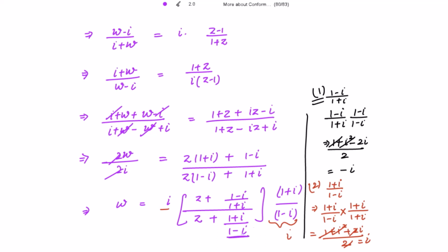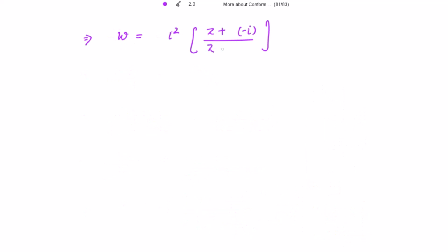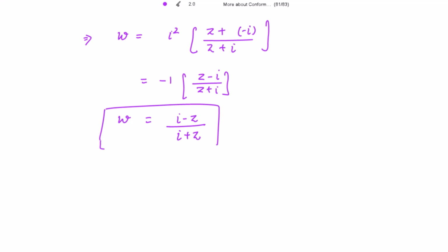So this is z plus i in the denominator. So this is equal to negative 1 times (z − i)/(z + i), which can also be written as (i − z)/(i + z). So this is your required bilinear transformation for the given transformed point.